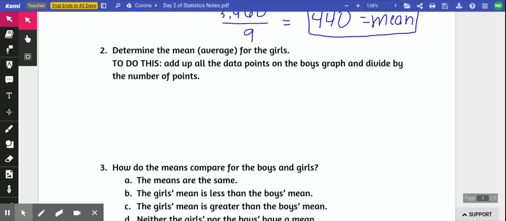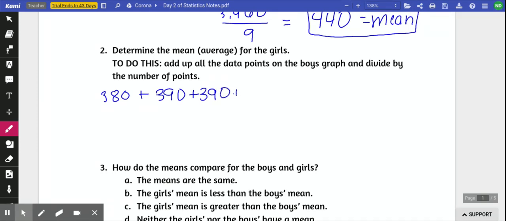So as always, I have to add up all of the numbers on my dot plot. So there was 380. There were 2 dots on top of 390. So again, I add 390 twice, and so on until I have added up all of the numbers.